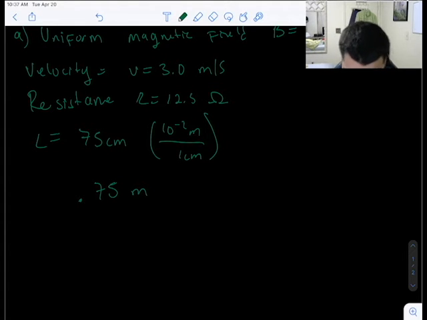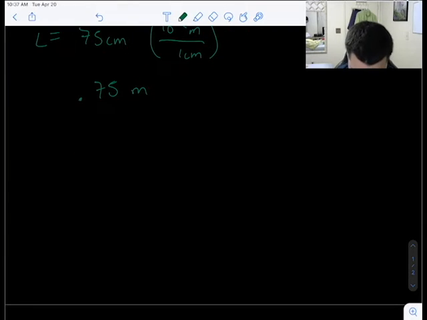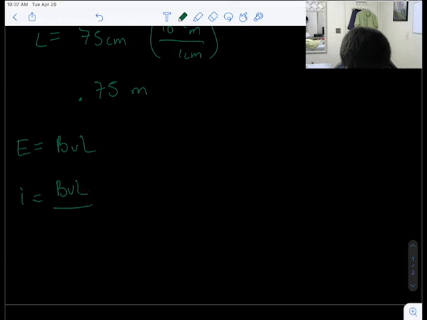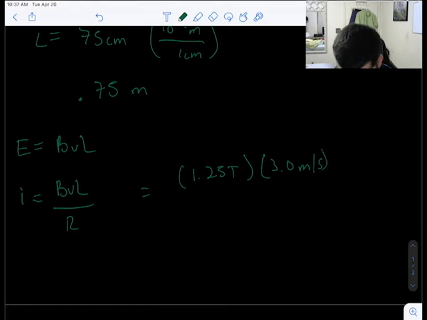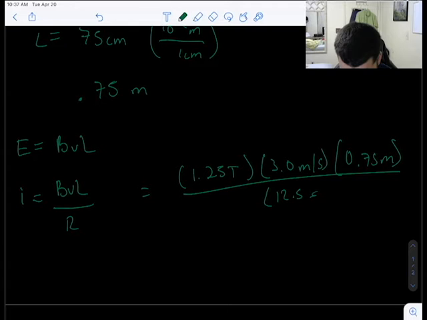As the circuit is going into the magnetic field, the induced EMF will be, if I remember correctly, E equals BVL. So the induced current is I equals BVL over R. Let's put in what we're given: 1.25 T, 3.0 meters per second, 0.75 meters, over our resistance, which is 12.5.